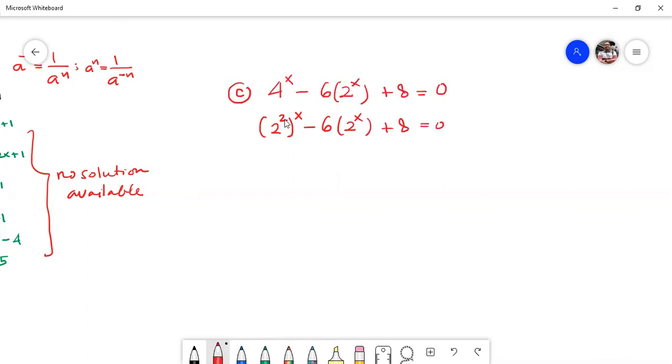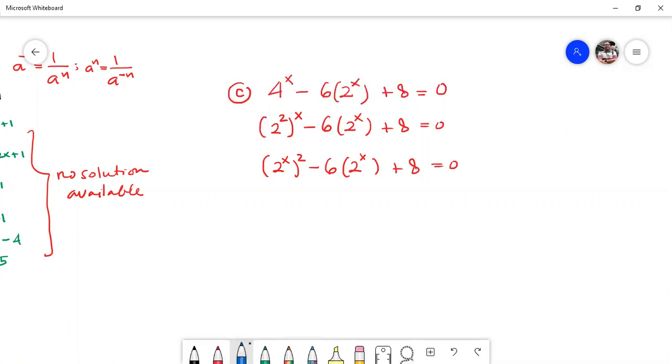Now I switch this, so I put x inside the bracket and 2 outside of the bracket. So we switch the position, right? But still they are exponents. This is 2 to the power of x squared minus 6 times 2 to the power of x plus 8 equals 0.